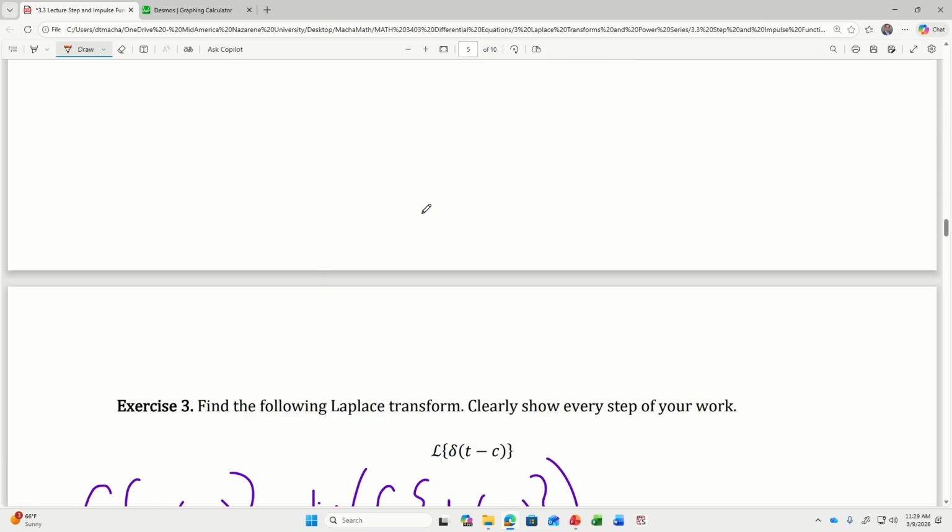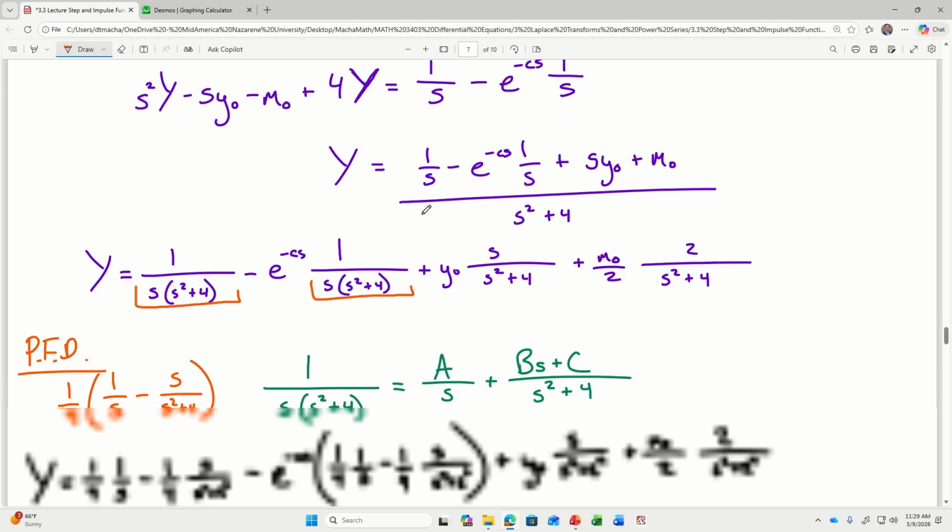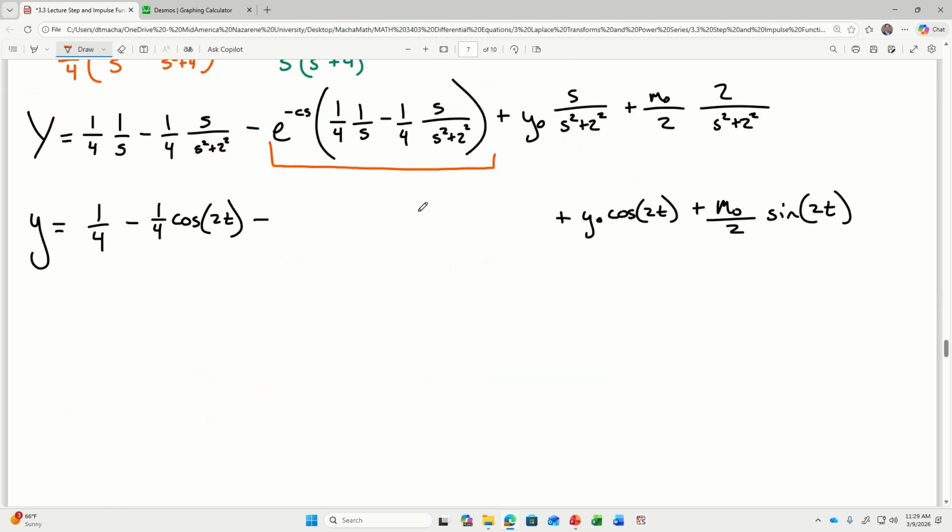So the way this looks in the end is going to be u of t minus c times what would have been the inverse Laplace transform of this, which is 1/4 minus 1/4, and this would have been cosine of 2t, but now it's going to be cosine of 2 times t minus c.